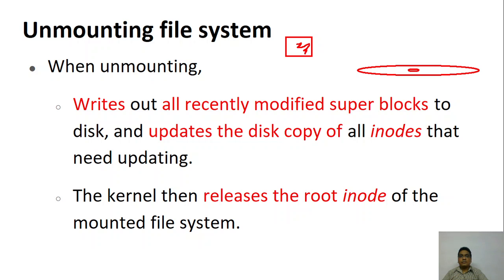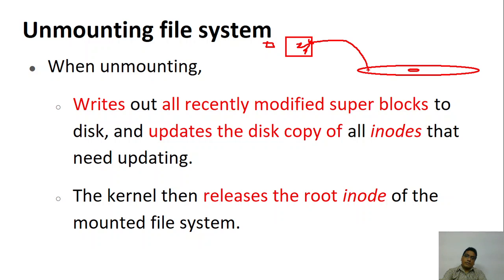That may get modified, because you might have allocated some blocks or released some blocks. So there is always a chance that the in-core content of the super block has changed. Before the disk is unmounted, the content of the super block has to be written to the disk. So it will transfer all the content of the super block to the disk.